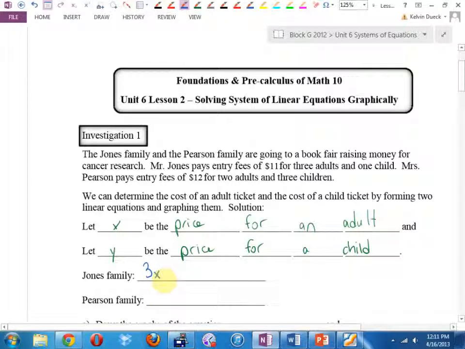Katie, what's the word that came after adults? So $11 for 3 adults. What's the next word? No, you missed the key word. And. What mathematical operation does and mean? Plus.